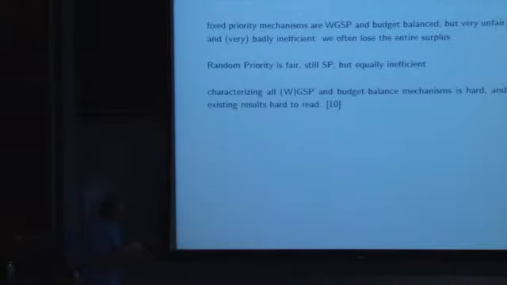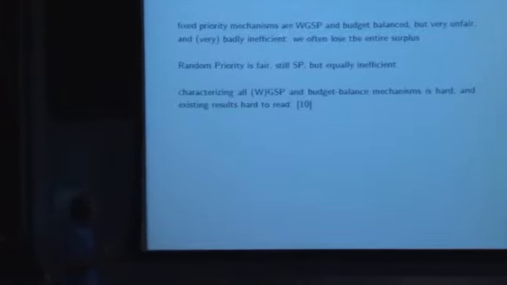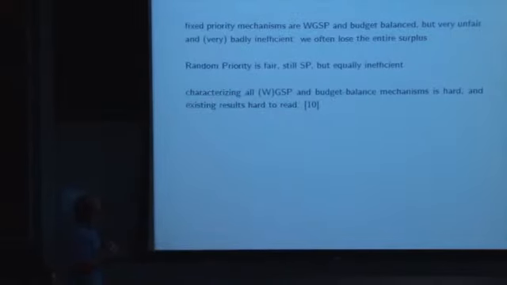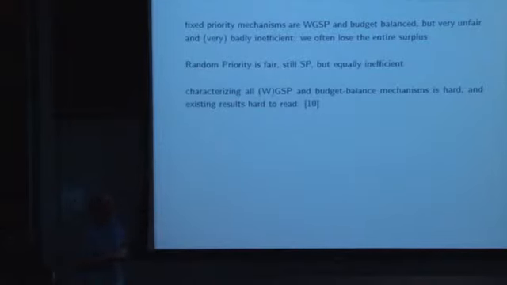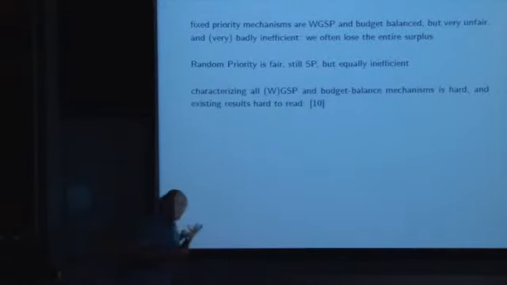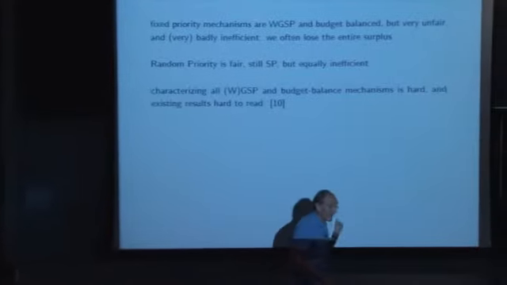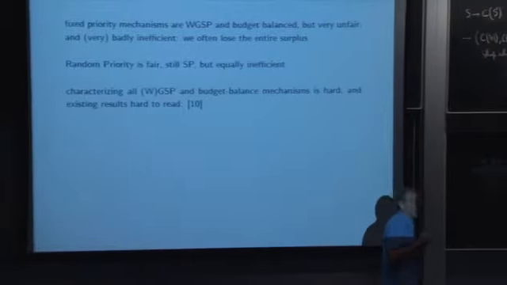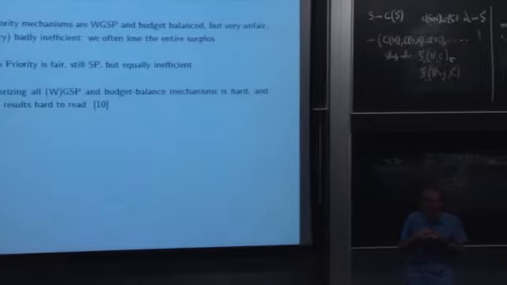You can still use the trick of the fixed priority mechanism to define weakly group strategy-proof mechanisms and still remain budget balanced, but those mechanisms will be very unfair, and something like the random priority can be extremely inefficient. In fact, if you think of random priority in the case where marginal costs decrease, then it's typically a very bad mechanism.